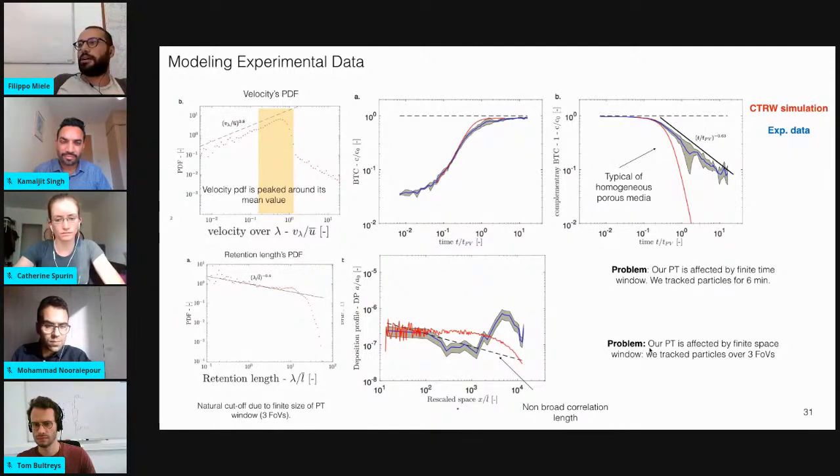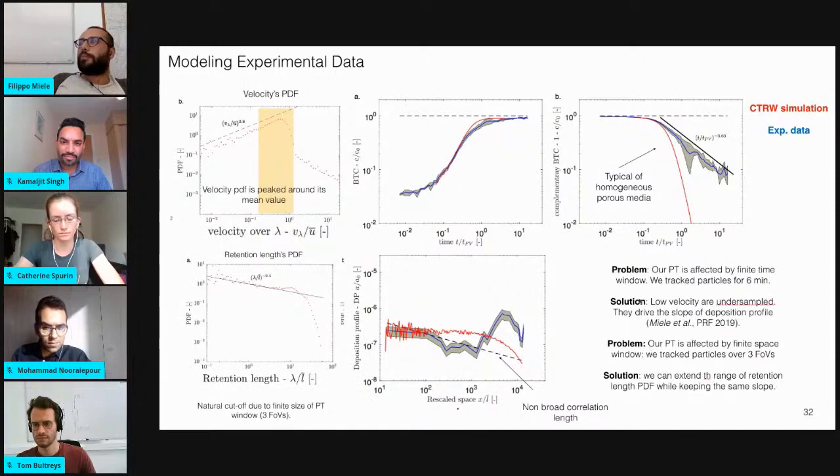So to solve the problems, in a theoretical paper that I previously published, that shows how the deposition profile is affected by the three random variables, we derived that, to overcome the undersampling of low velocity, the early distance deposition profile, so these slopes, is mainly driven by the slope.